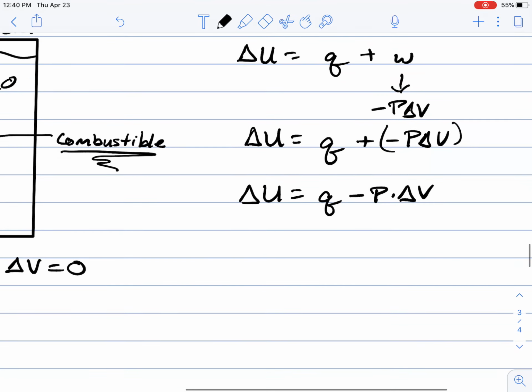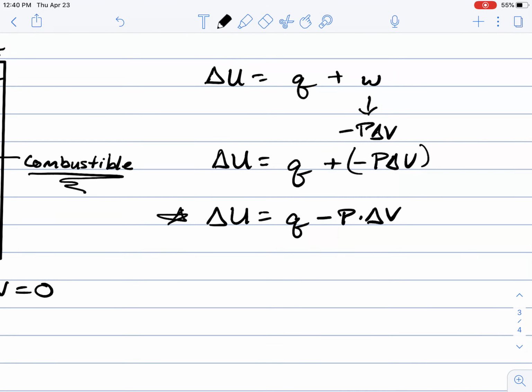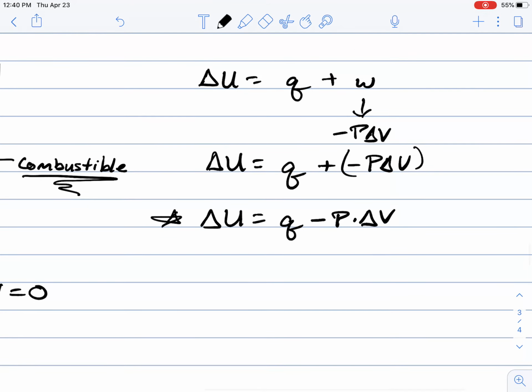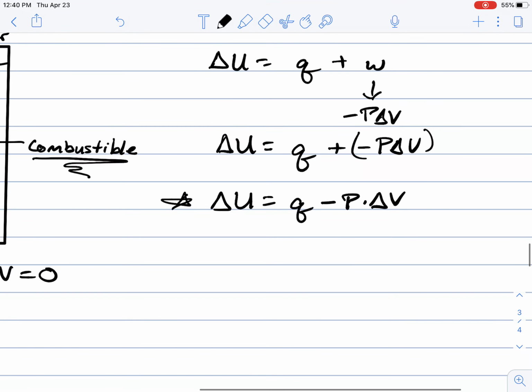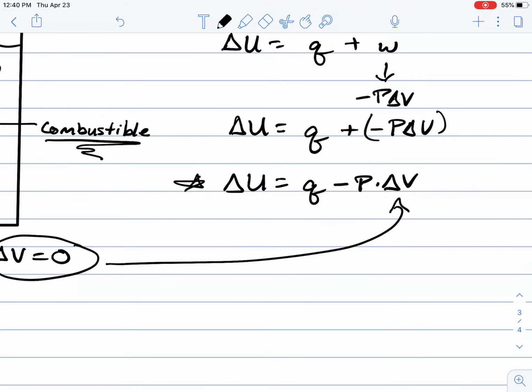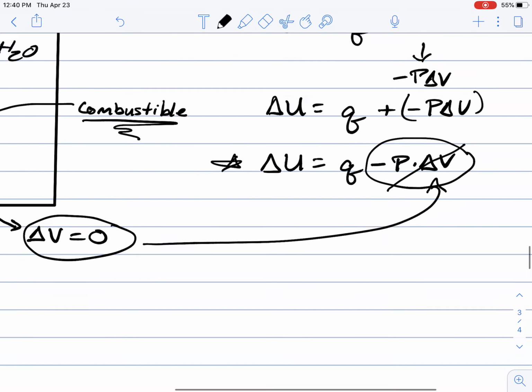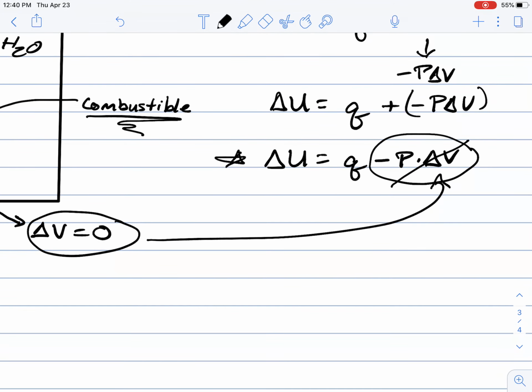And so if this is the modification of our equation that was derived by the first law of thermodynamics, then we can plug in 0 for delta V, and we'll see that this whole term is going to cancel out because anything times 0 is 0.